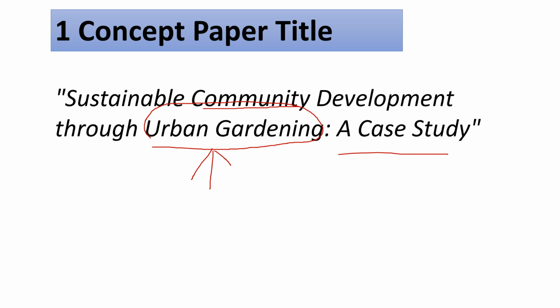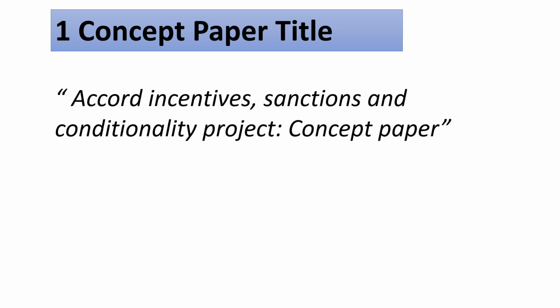Okay. Next, you have incentives, sanctions and conditionality project. Again, it's just a concept paper. So again, as you can see here in the concept paper title, you already have an idea of what you are proposing.